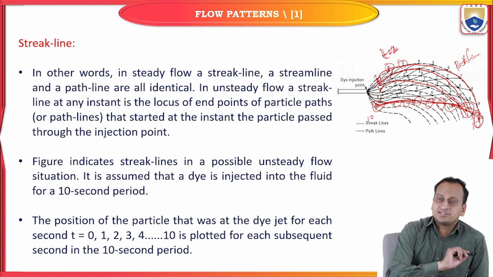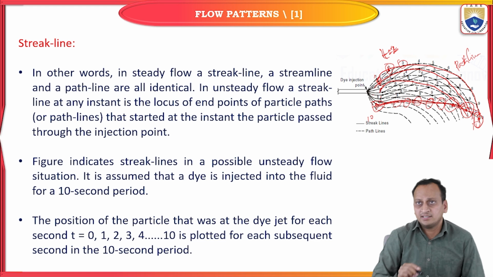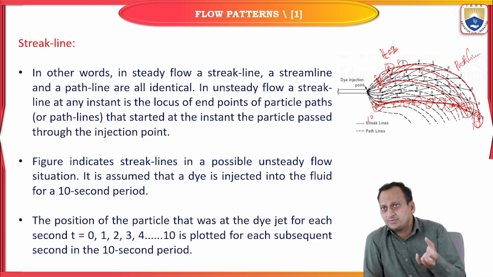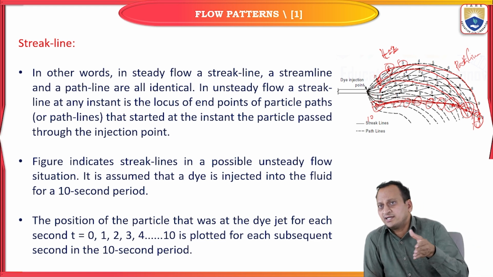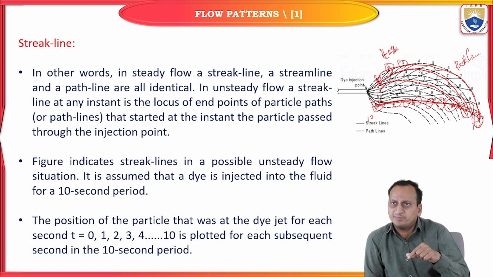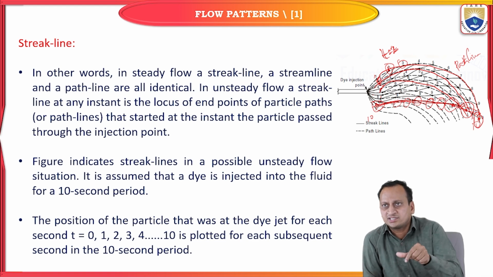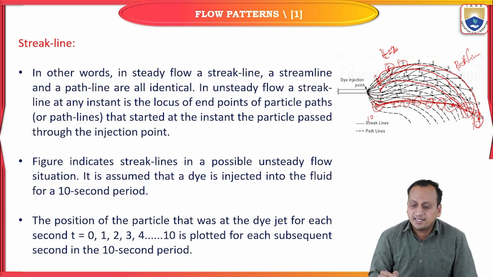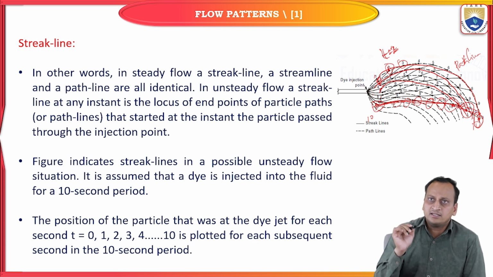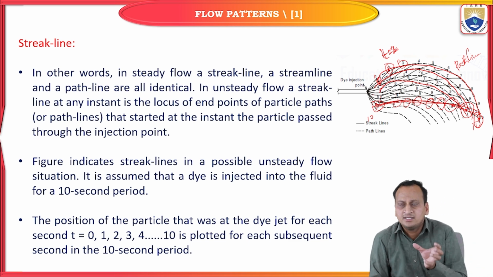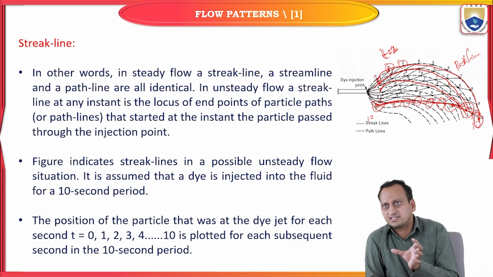Like this, at the 10th second, if you connect all the positions of all the fluid particles, even though they were injected at different timings, the particular line is known as a streak line. That is nothing but connecting at a fixed point.